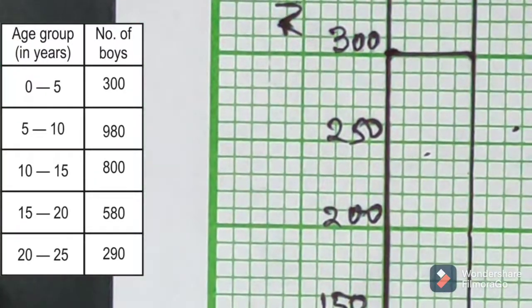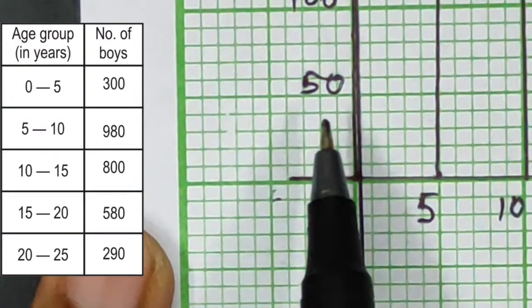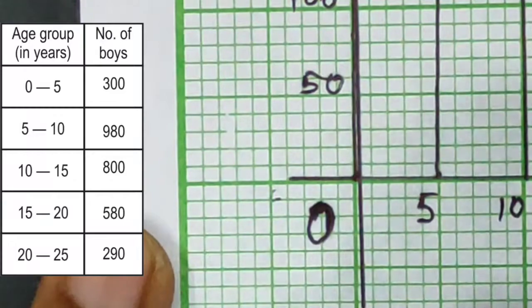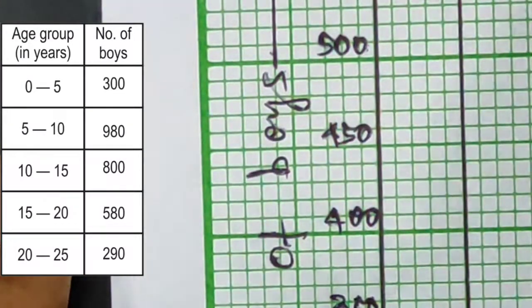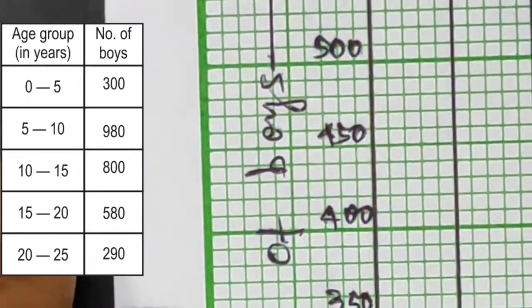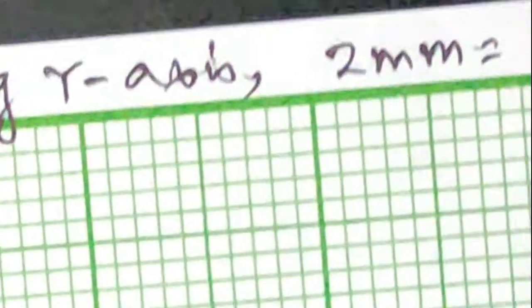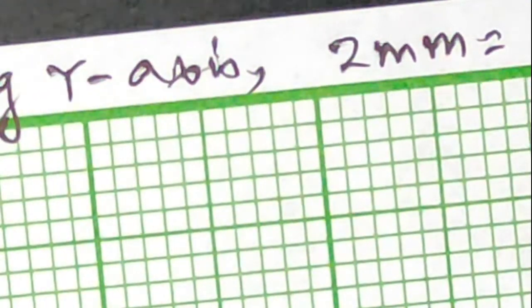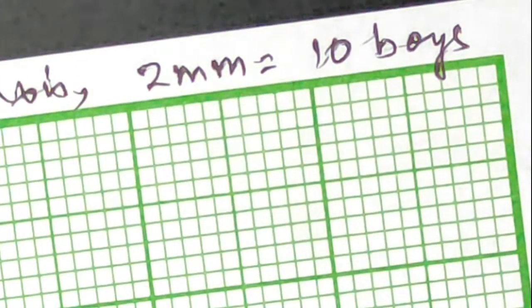But along the y-axis we have to adjust something. How to adjust it? The highest value is 980. How would you fit 980 in this graph paper? See, along the y-axis I have taken every 2 millimeter as 10 boys.